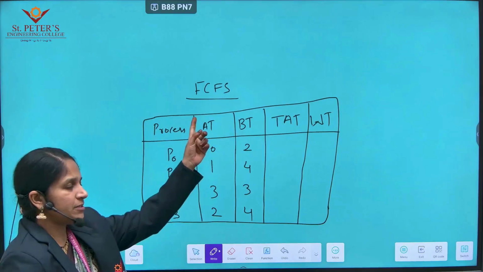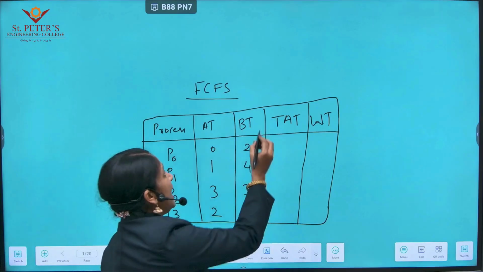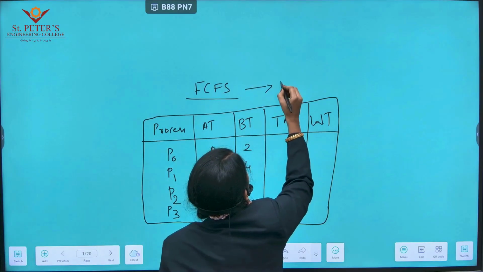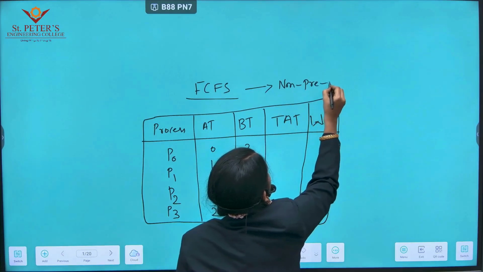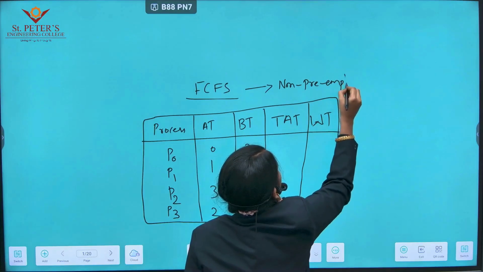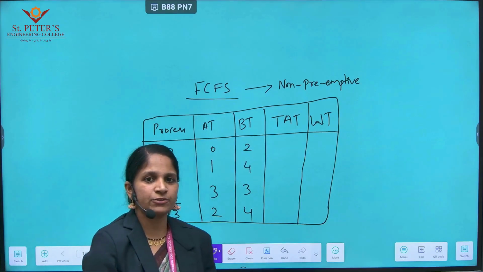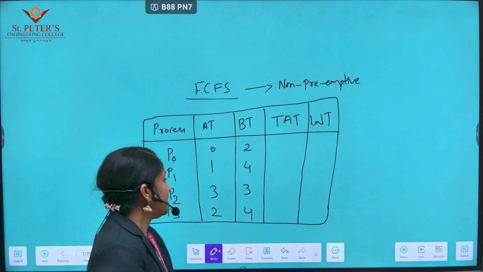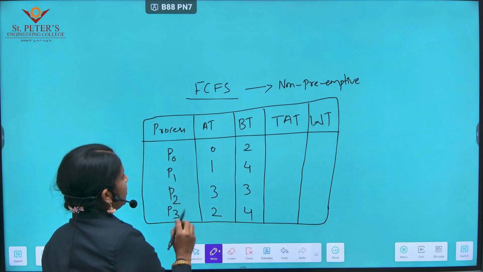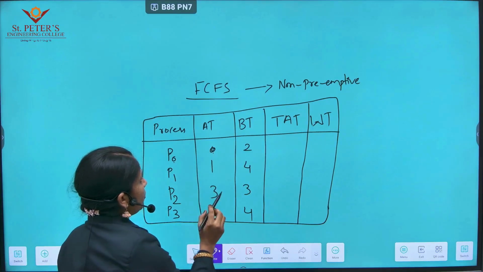FCFS means the first process which came will be executed first. FCFS is a non-preemptive scheduling, which means once the process came and is executing, it won't release the CPU. Here first P0 came, that is arrival time 0.